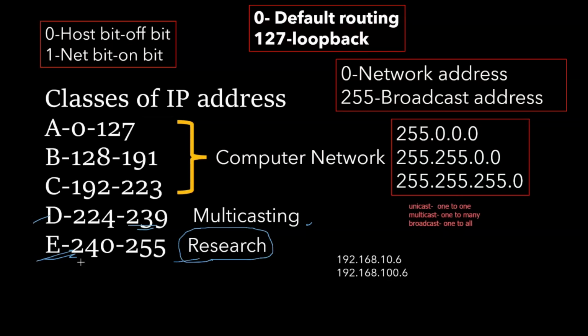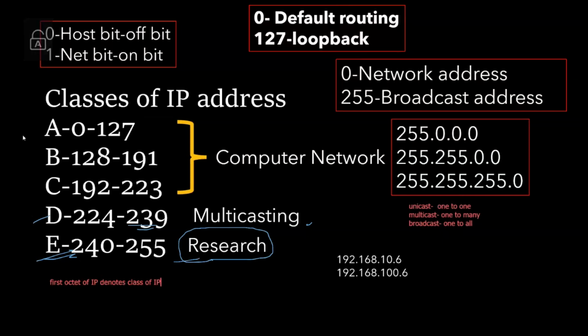So that is the concept for each IP address class. Now one more thing: every time, or we can say for classes, we can write like this: the first octet of the IP denotes the class of the IP.